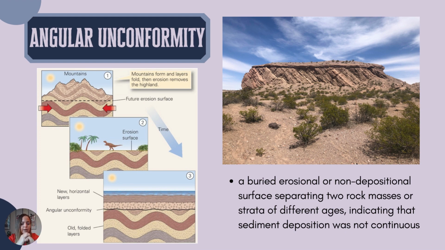Here it creates an angle difference between the horizontal layers on top and the tilted or folded layers at the bottom. This one's fairly easy to identify, because if the layers are folded or at an angle versus the ones on top, then you automatically know you're looking at an angular unconformity. In general, this is going to be sedimentary deposits, just so you're aware.